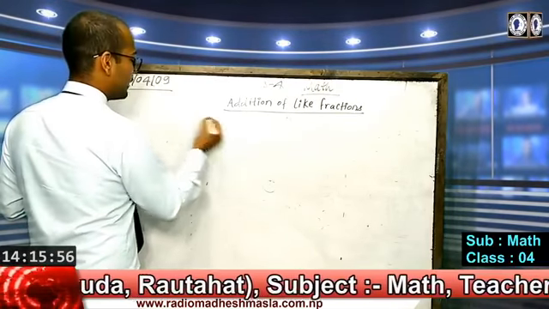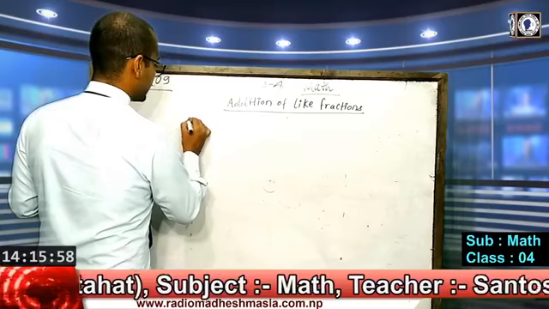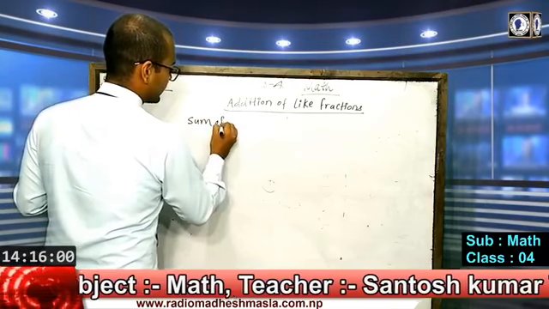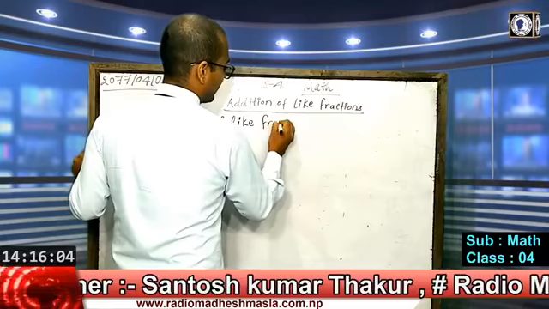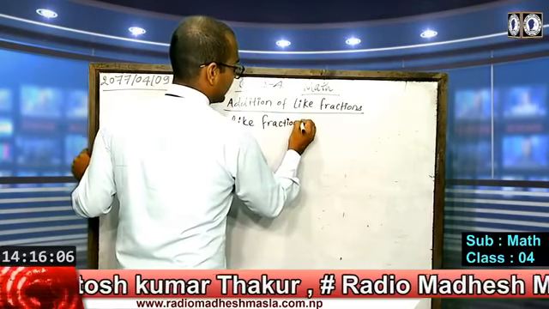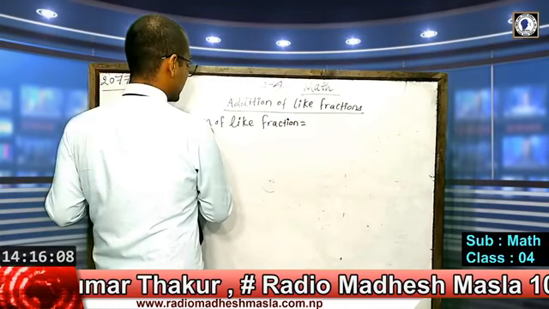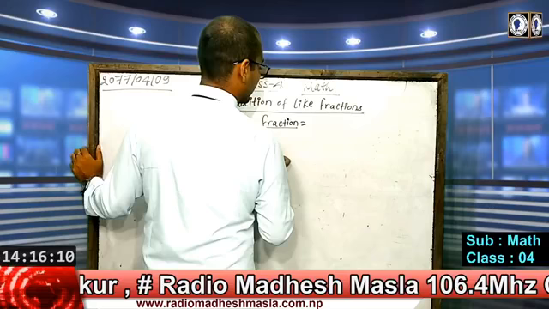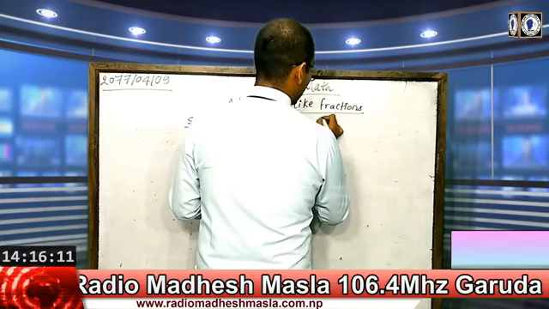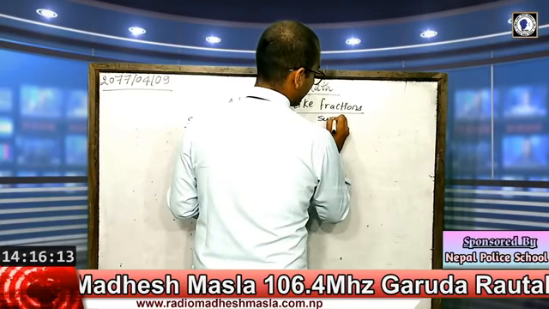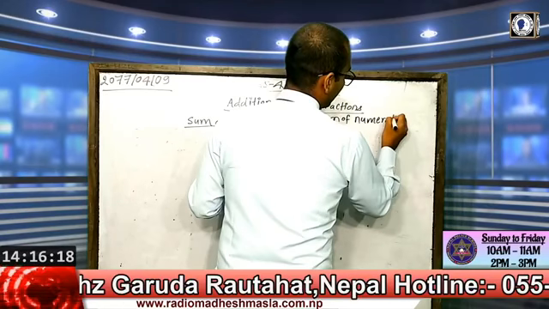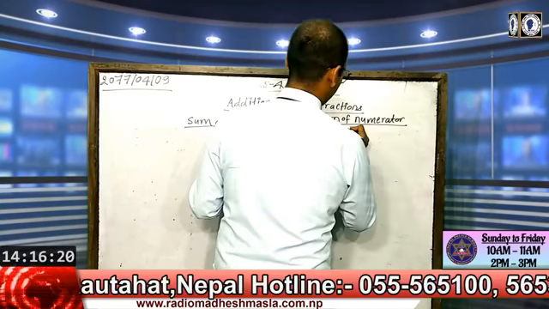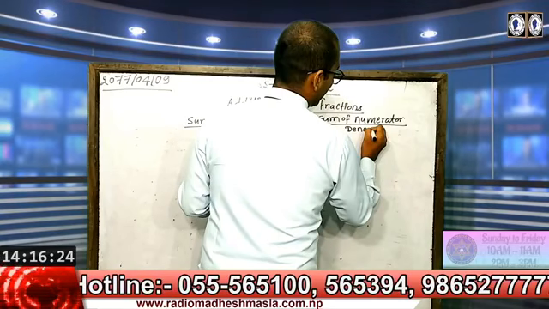So here we have a formula, that is, sum of like fractions is equal to sum of numerators by denominator.